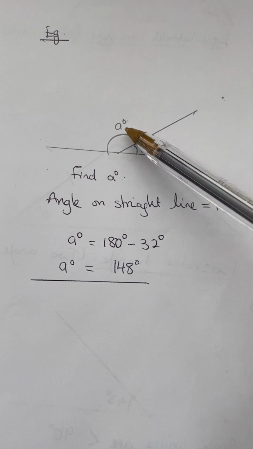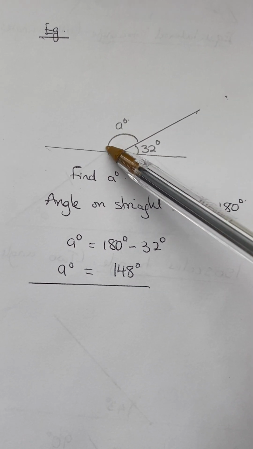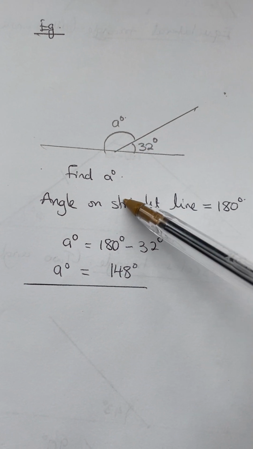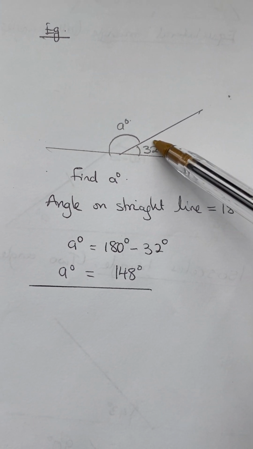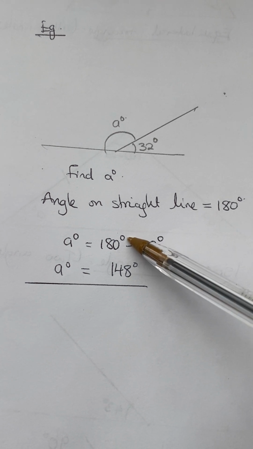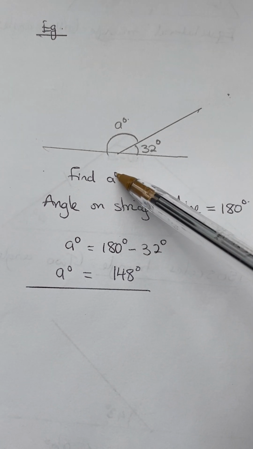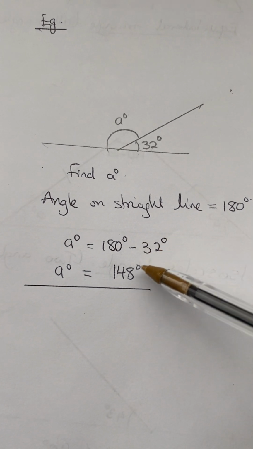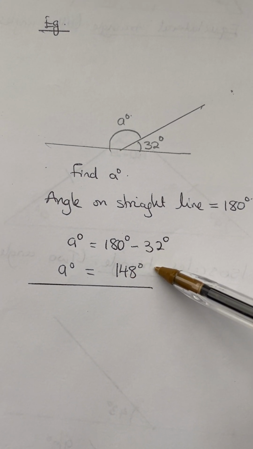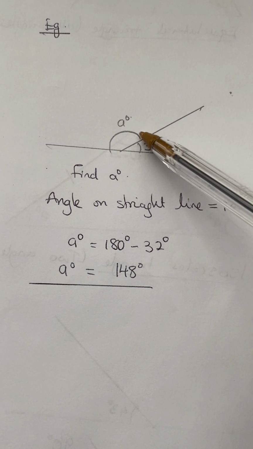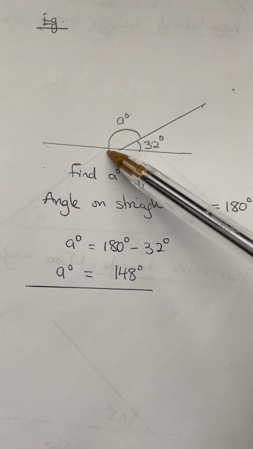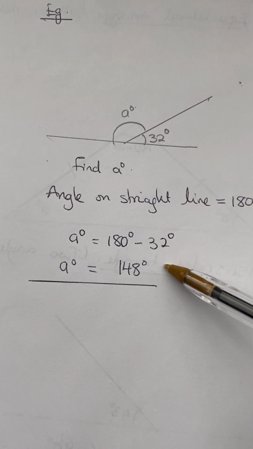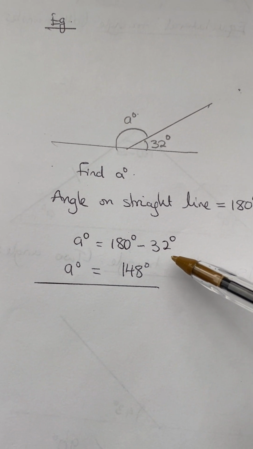So if we need to find this angle A here, we need to subtract 32 from 180 to find A. 180 minus 32 is 148 degrees. So this angle here, A, is 148 degrees. Again, not to scale.